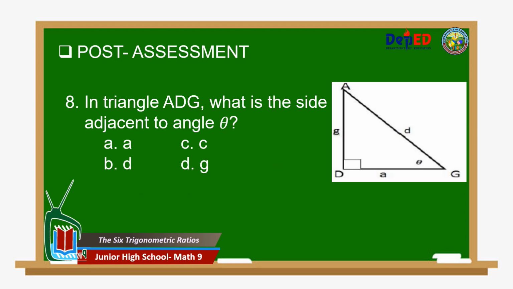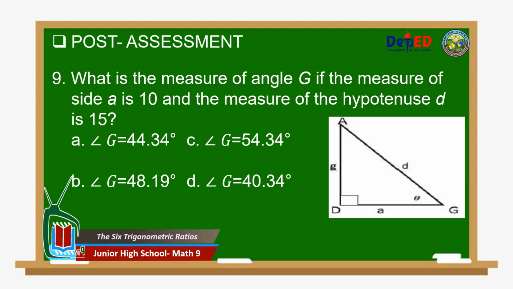In triangle ADG, what is the side adjacent to angle theta? A. Side A. B. Side D. C. Side C. Or D. Side G. Number 9.